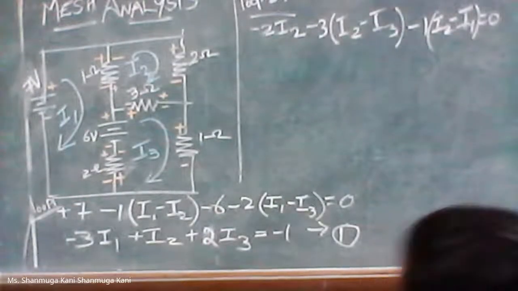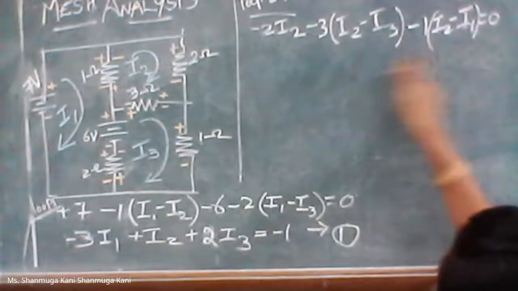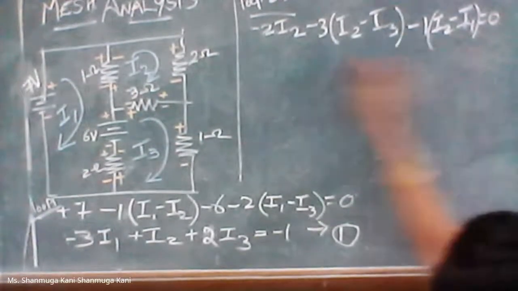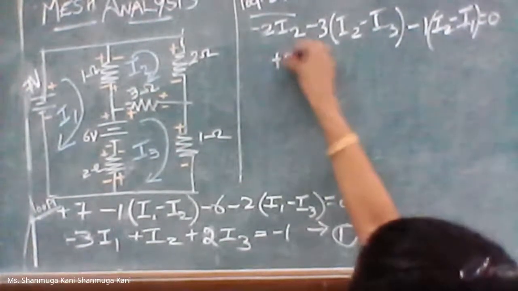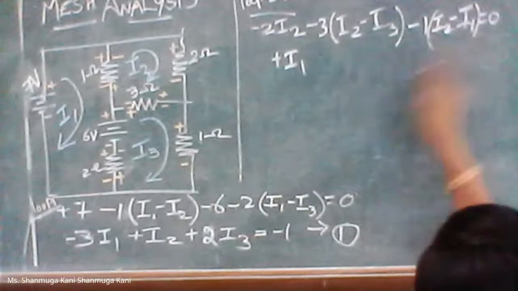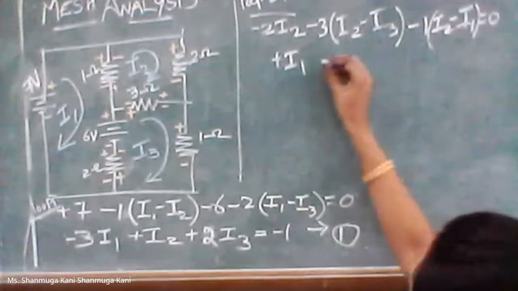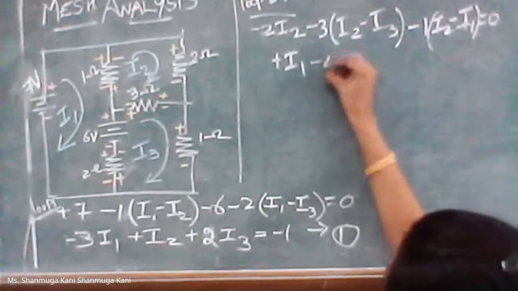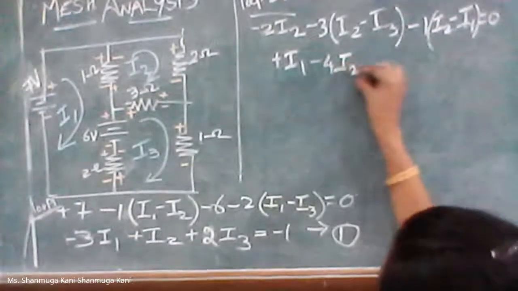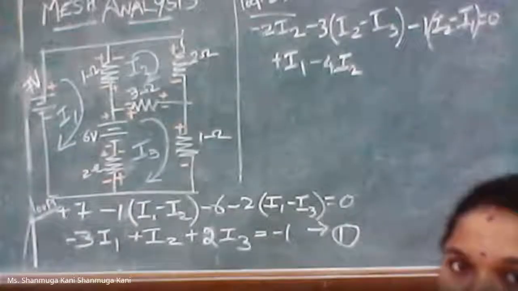Write the equation. So what is the I1 equation? Minus minus plus, I1: 1 I1. Then I2: minus 1, then minus 3, minus 1 minus 3, minus 4 I2.